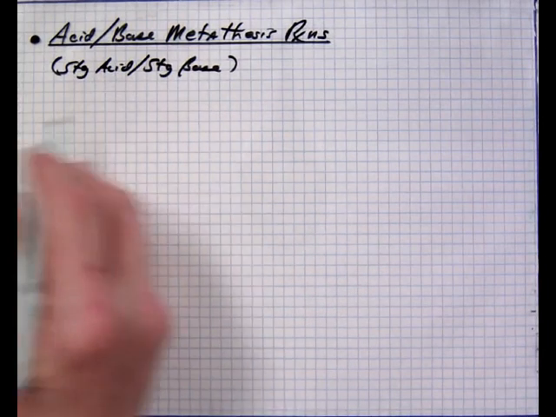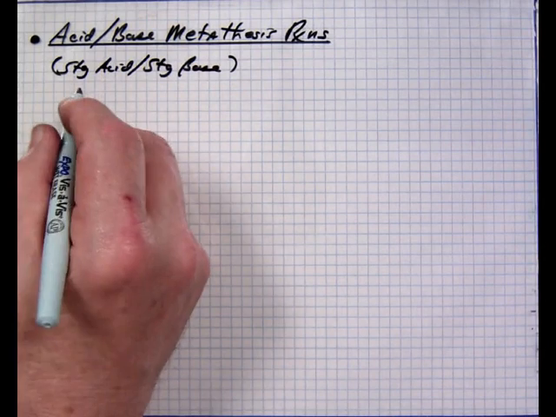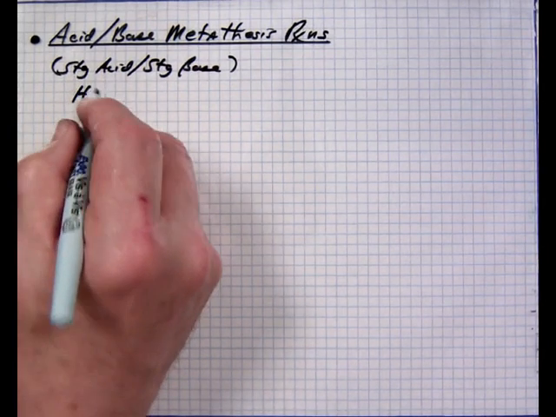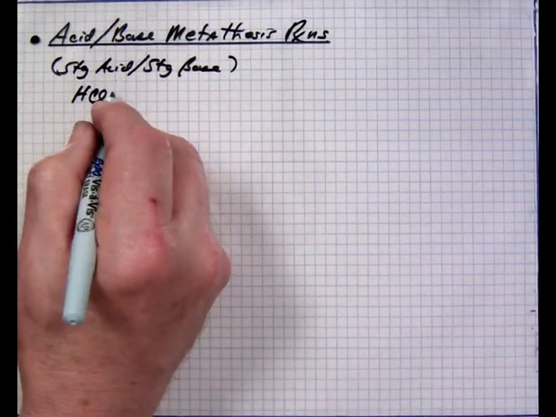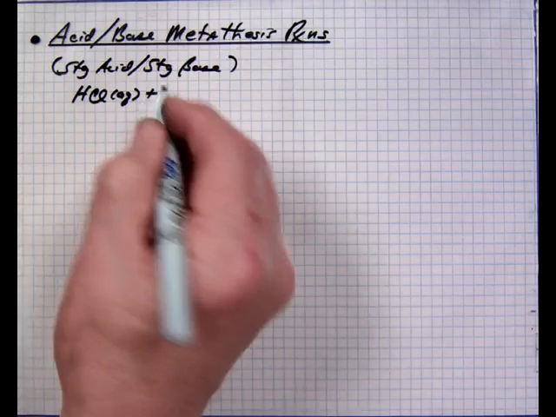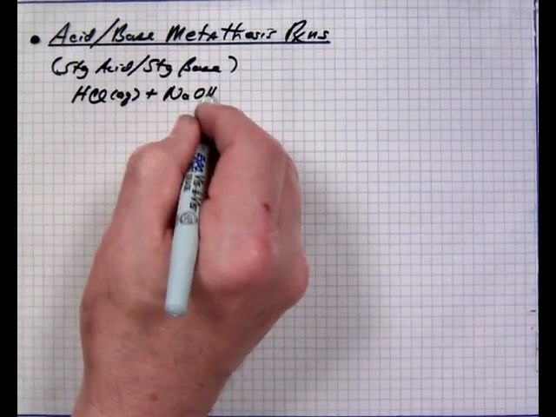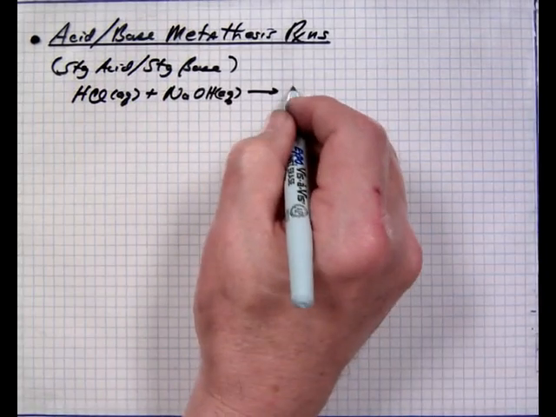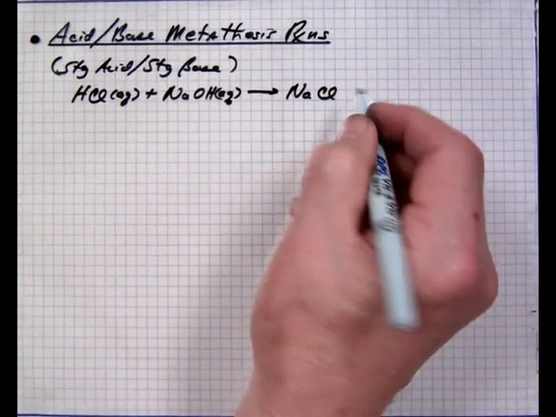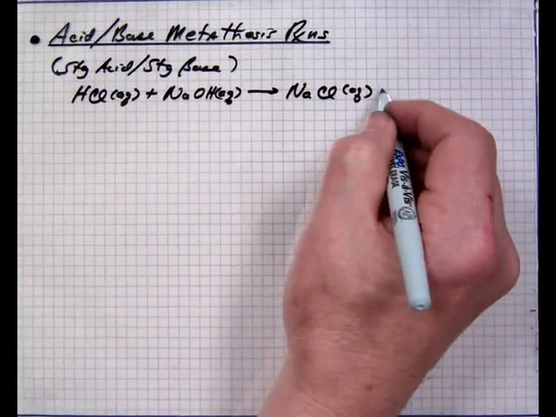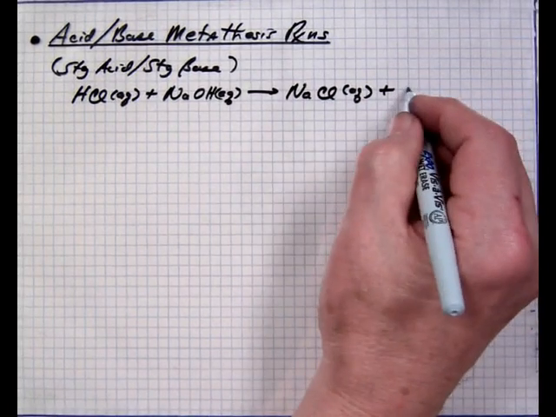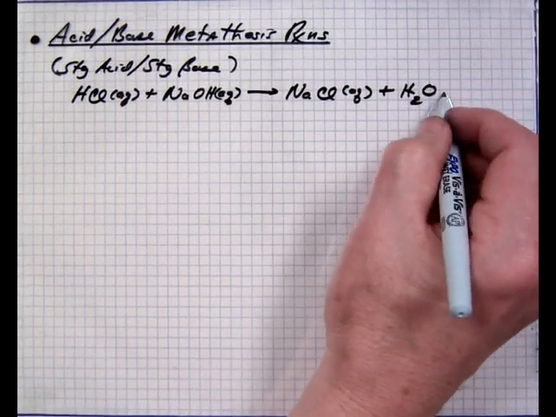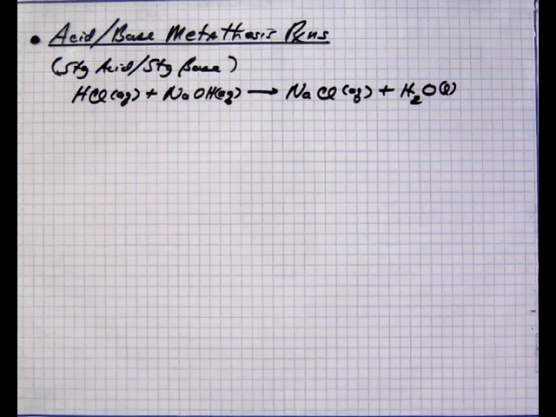We'll start with, of course, the strong acid, strong base. In this case, we'll use a common hydrochloric acid reacting with sodium hydroxide, aqueous, producing the salt sodium chloride, aqueous, plus water, the driving force in this case.